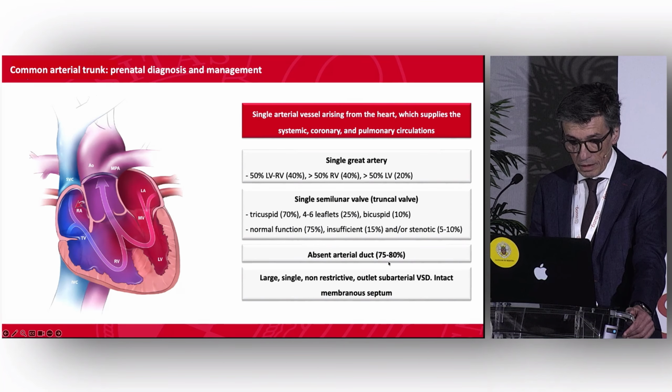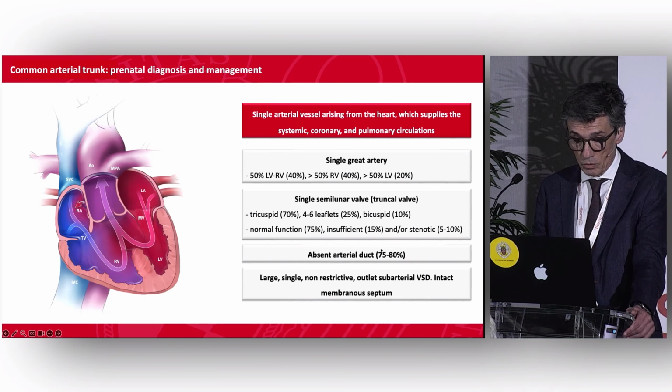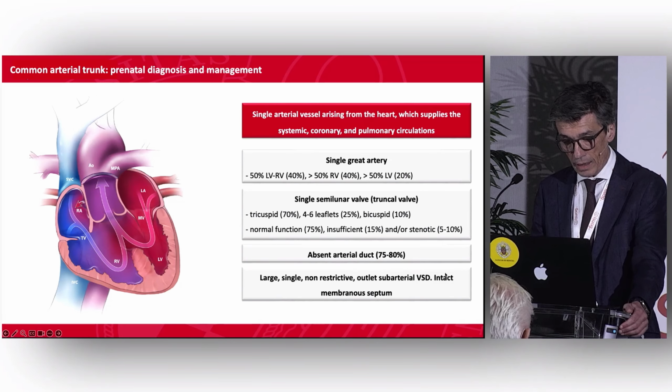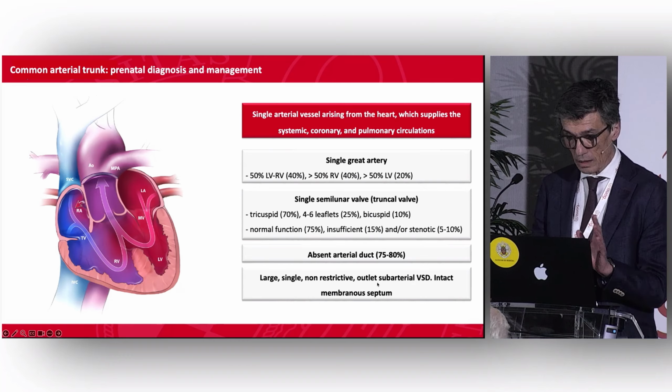Another very common characteristic is that in most cases there is no ductus arteriosus, in up to 80% of the cases. And finally, there is a large single non-restrictive septal defect that is usually in the outlet septum, and the membranous septum is intact in most cases.